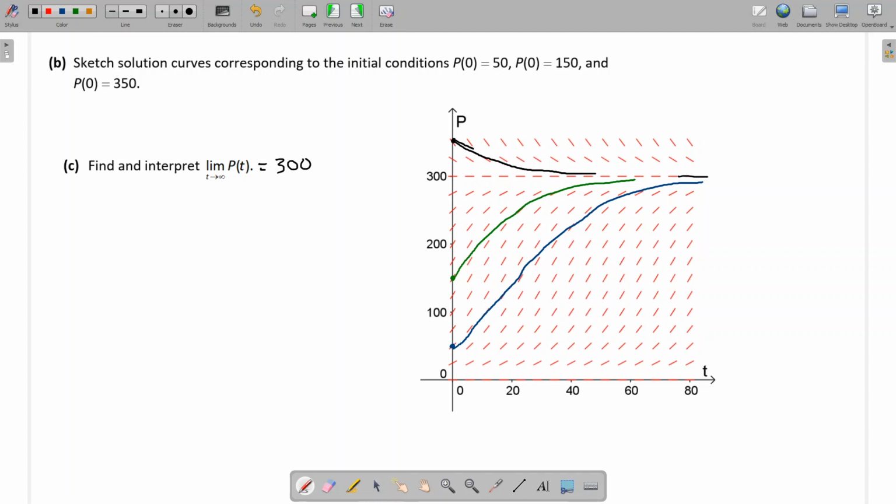Then it says interpret what that means. Well, it's basically just writing out what we said. As long as you pick an initial population above 0 and below 300, the population will continue to increase until it reaches 300. If you, however, choose an initial population above 300, the population is going to decrease until it decreases down to the carrying capacity 300.